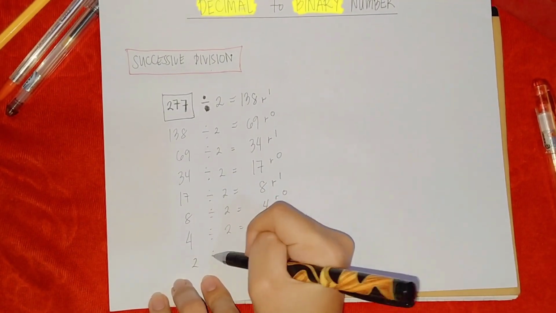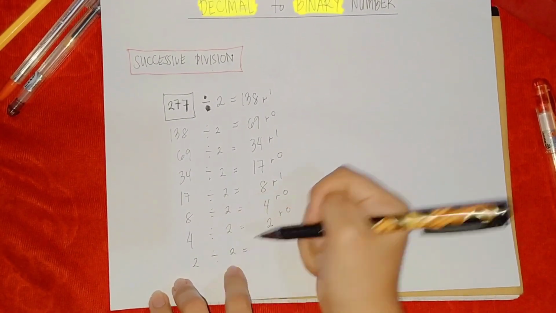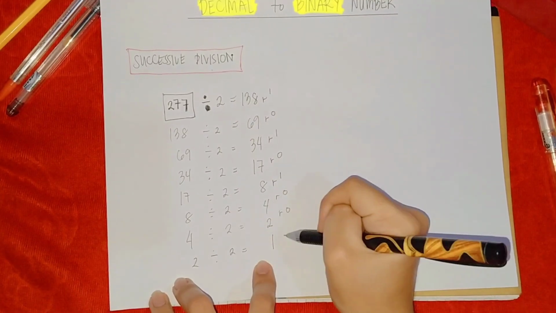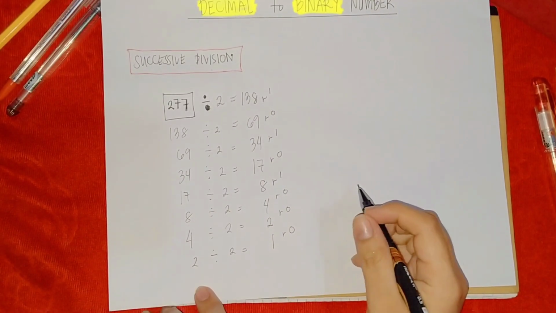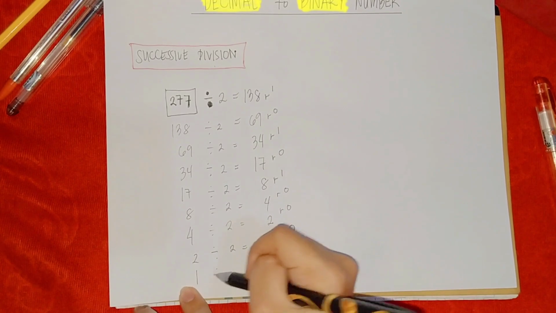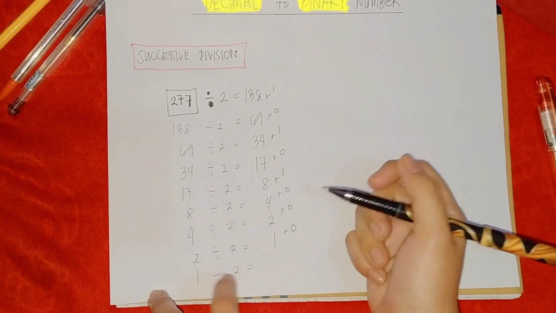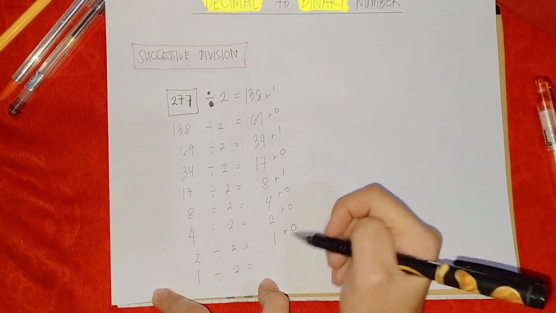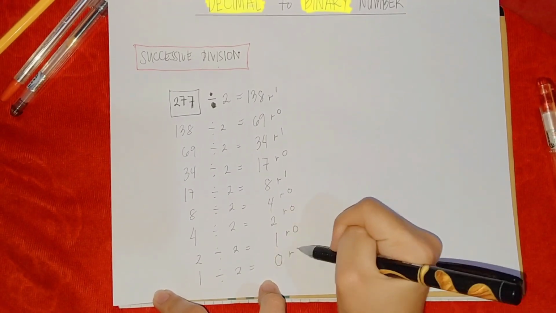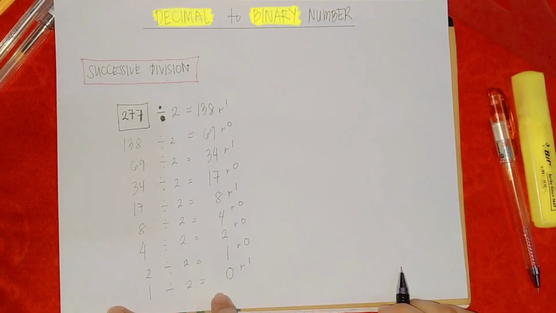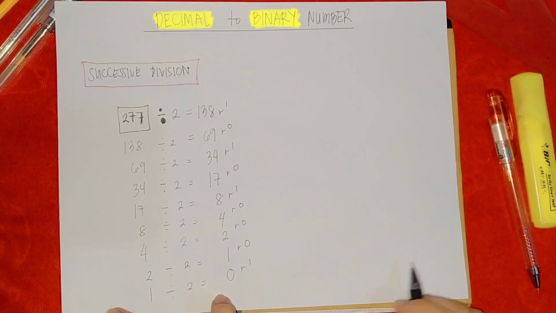And 2 divided by 2 is equal to 1, remainder 0. And lastly, 1 divided by 2 is equal to 0.5. So 0, remainder 1. We could stop here.